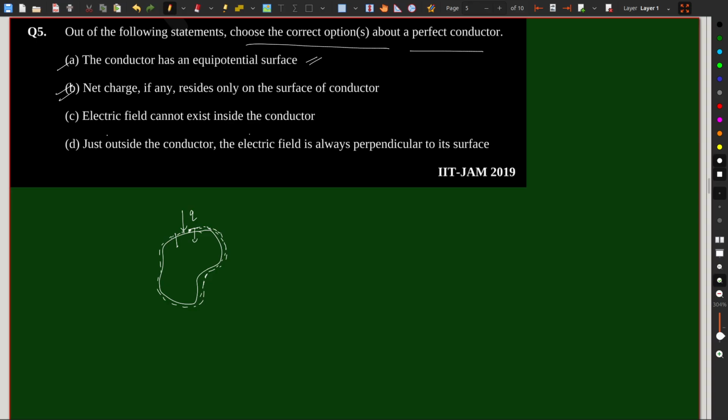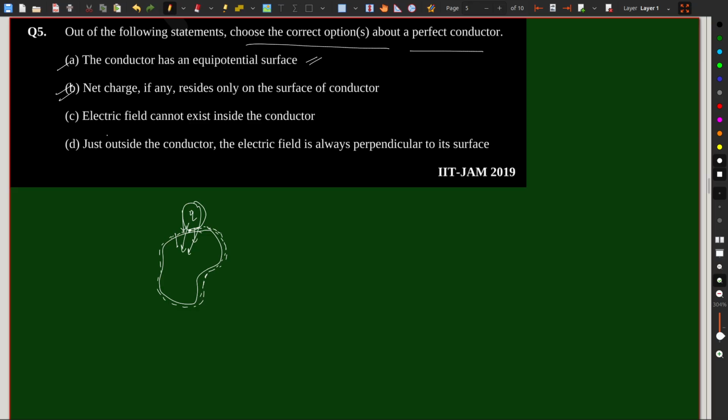Electric field cannot exist inside. Because charge cannot exist inside the conductor body. All the charge, if there is any, will be on the outer surface only.